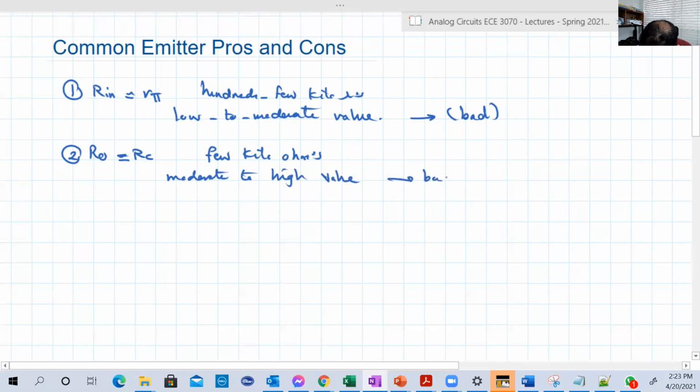And that's also bad. We need RO to be small. In the example we solved, we need RO to be smaller than RL. In the example we solved it was 5 kilos and our load was 5 kilos. So half of the amplified voltage was wasted in RO.